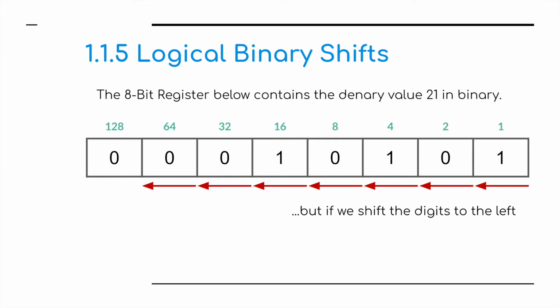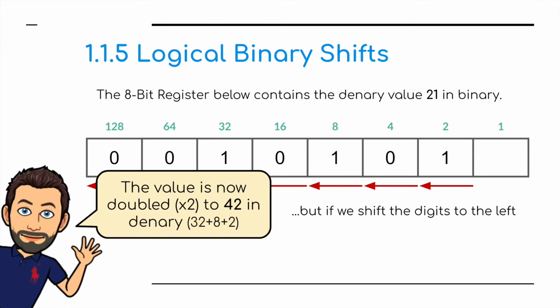obviously 21. Now, if we shift these digits to the left, if we move them one space, we're going to get one lot of 32, one lot of 8, and one lot of 2. Now that's obviously 42, which would be twice the value of 21. So 21 times 2 equals 42.